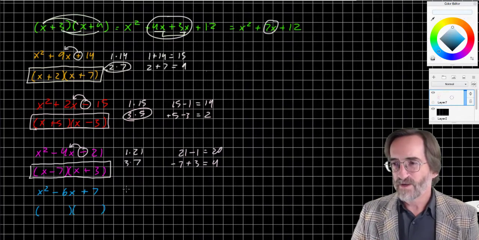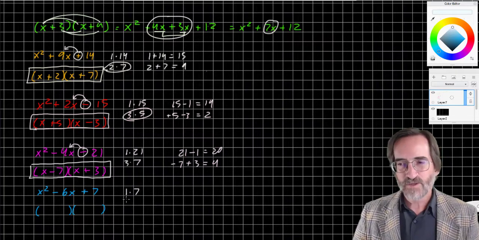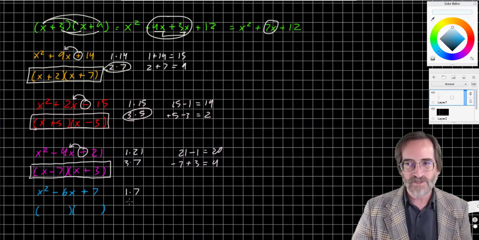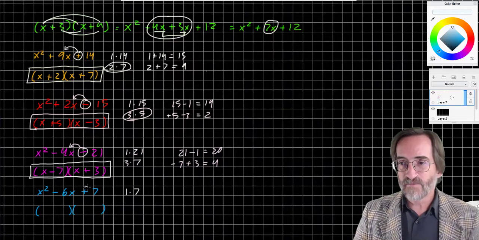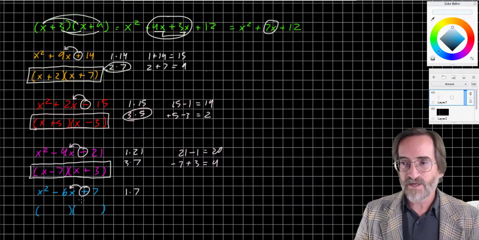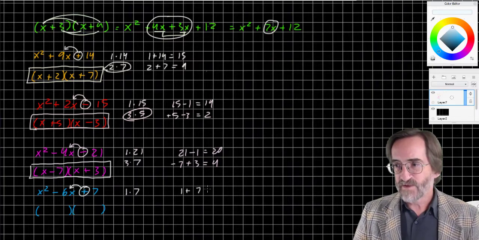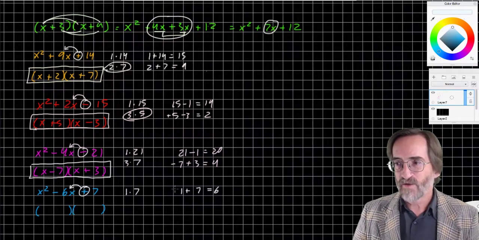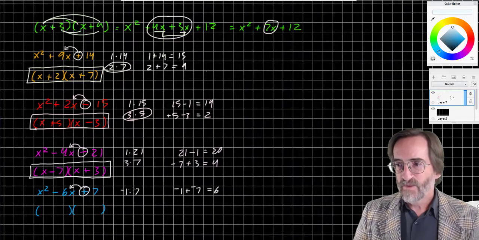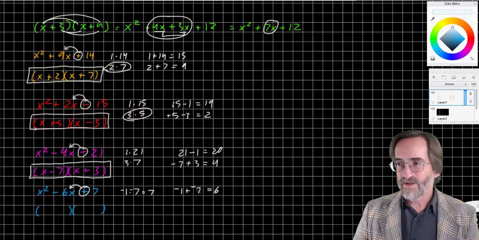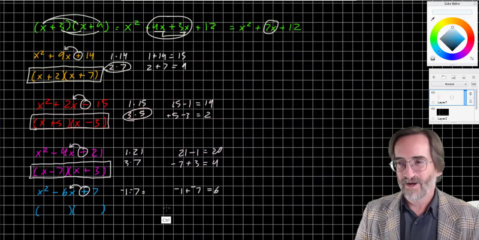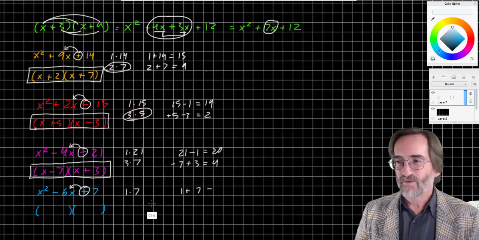Always start with 1. 1 times 7. 2, no. 3, no. 4, no. 5, no. 6, no. So 1 and 7 are it. Those are our only choices, but I need them to add to make negative 6. Well, 1 plus 7 is 8, not negative 6. But what if I make them both negative? Negative times negative is positive. Negative 1 and negative 7. Whoops. That's a problem. I made a problem that doesn't solve.